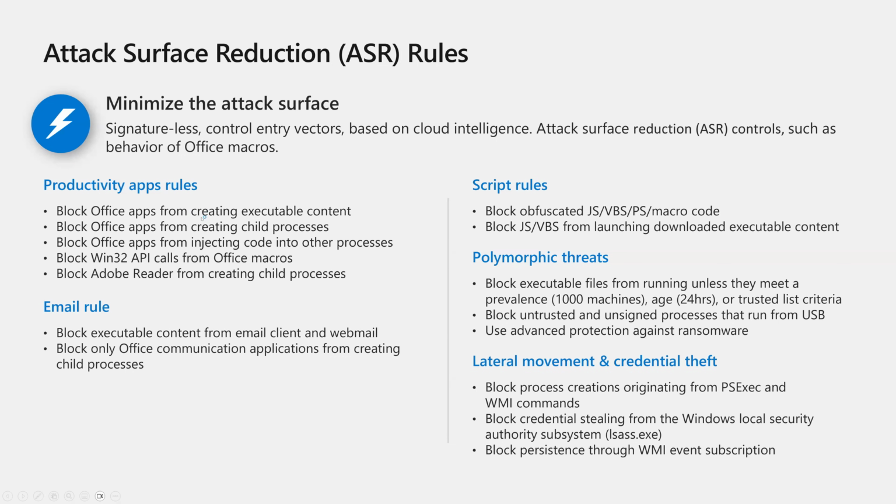It says block Office apps from creating executable content. As I told you, there are around 10,000 plus settings. Out of those 10,000 settings, you will probably understand another 4 or 5,000. If I say block Bluetooth on Windows devices, everyone will understand. You don't have to go and research and learn about it, right?